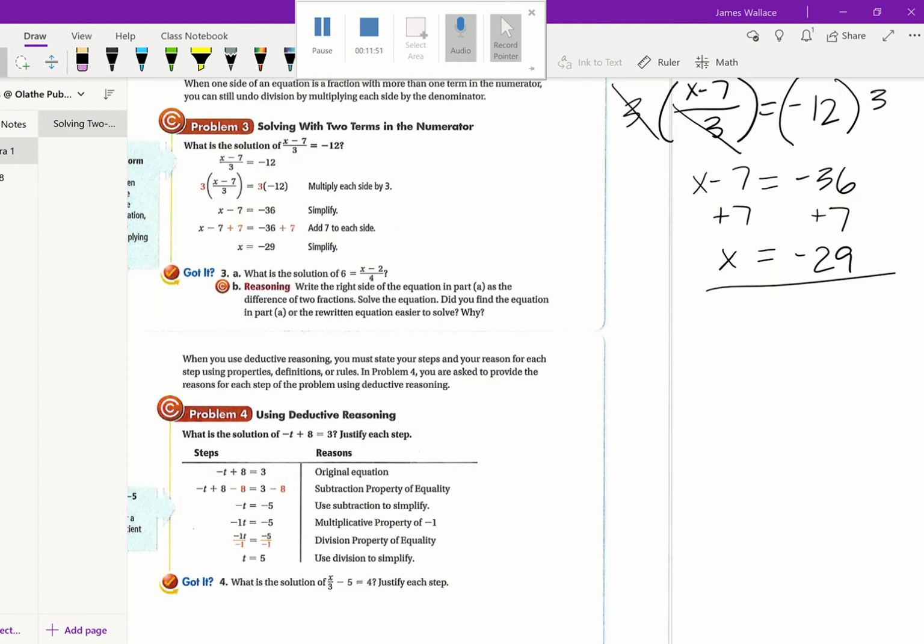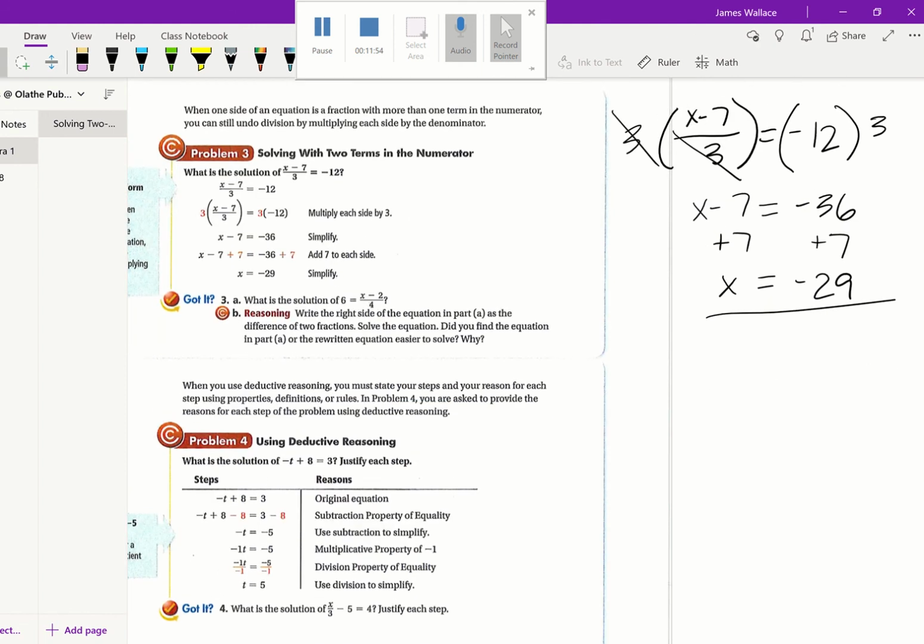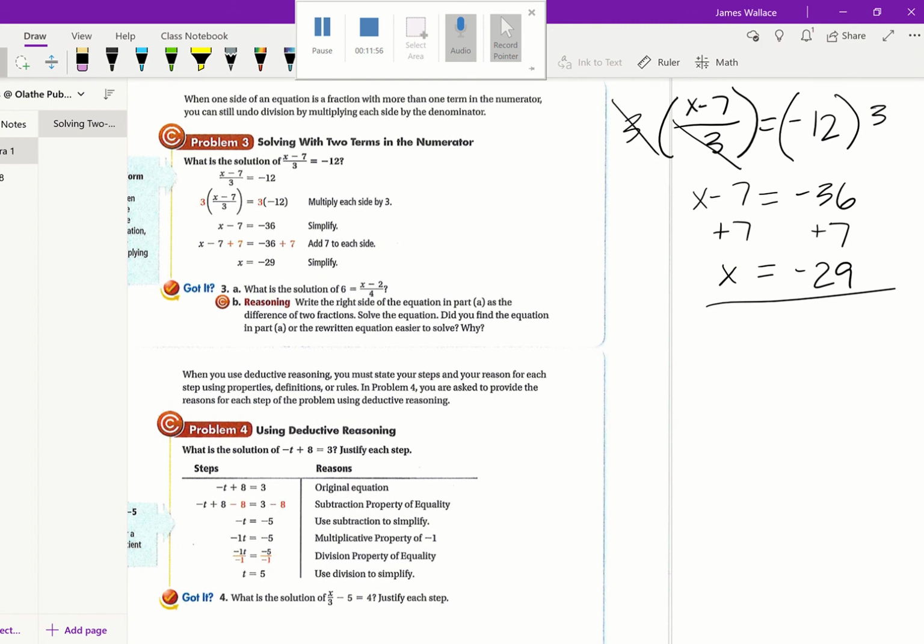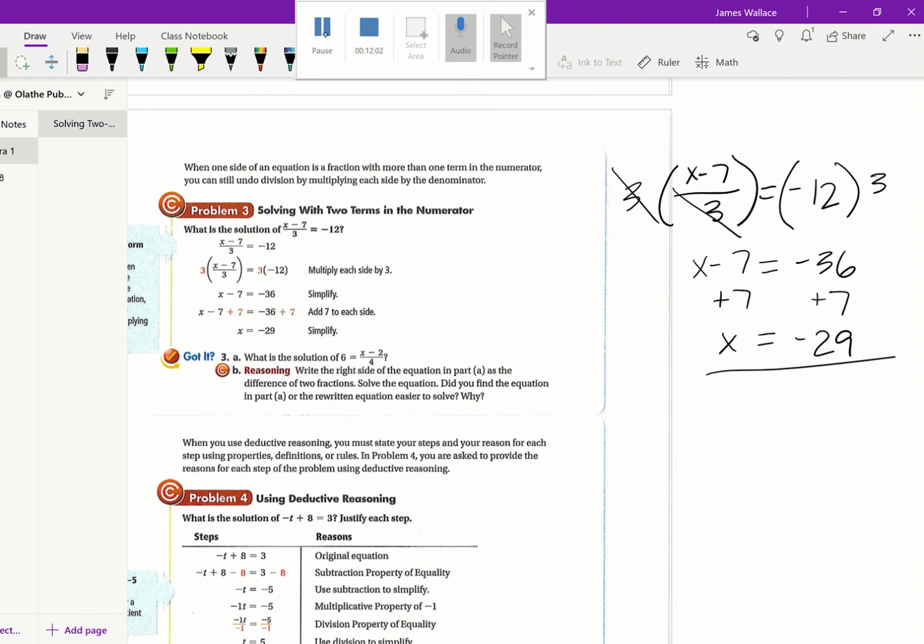Okay. So as we dive further into lessons, and I think this comes up tomorrow if I remember right, you're going to notice with a problem like this where we have x minus 7 over 3, it's going to be way easier if you multiply that whole thing out by itself than if you tried to break it up into x over 3 minus 7 over 3, right?